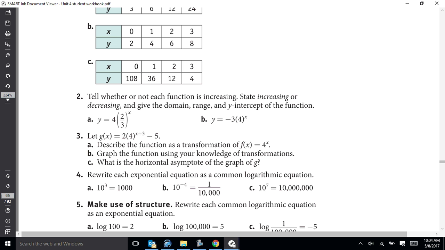So with an increasing or decreasing function, you need to ask: is it growth, is it decay, and is it approaching positive infinity or negative infinity, or is it approaching zero from the positive side or from the negative side? So with decay, what has to be true about your b? Right, between 0 and 1. And then for growth, your base is greater than 1.